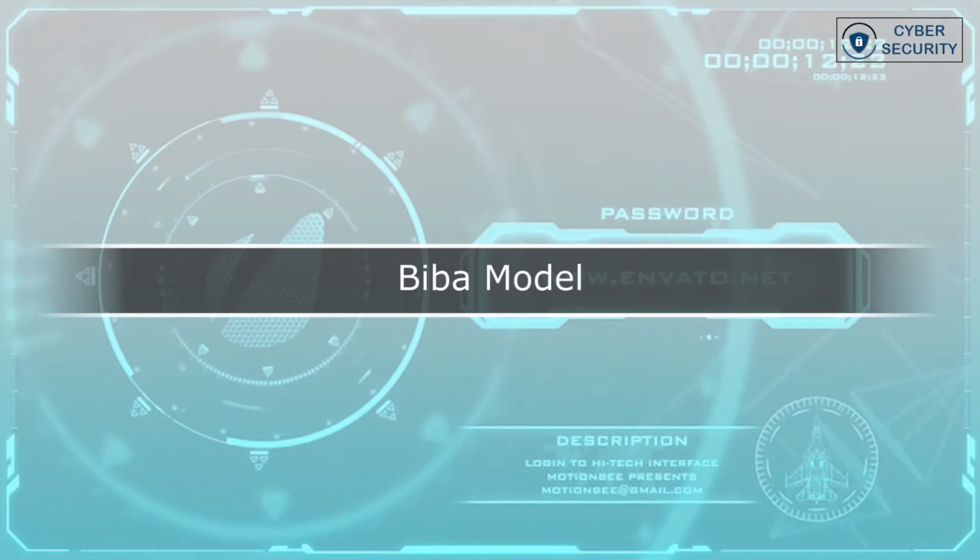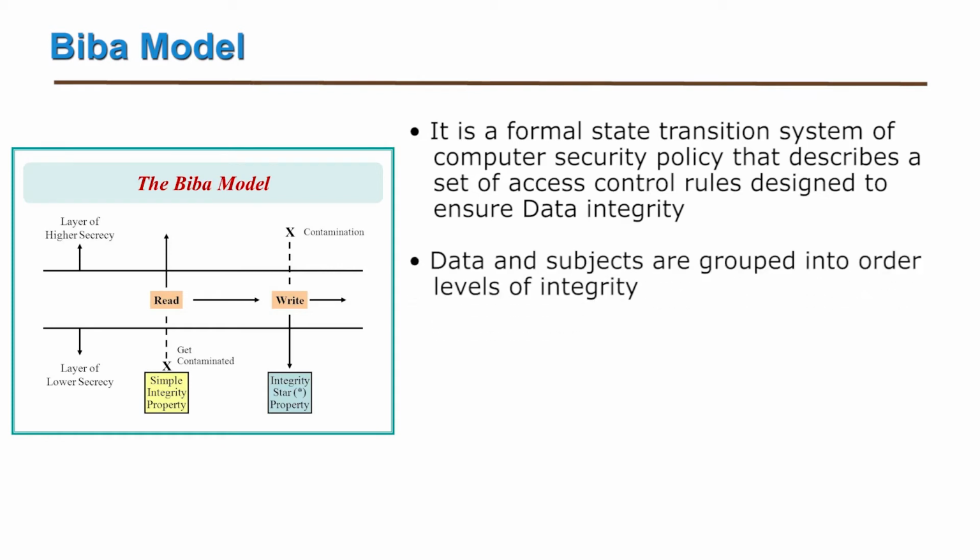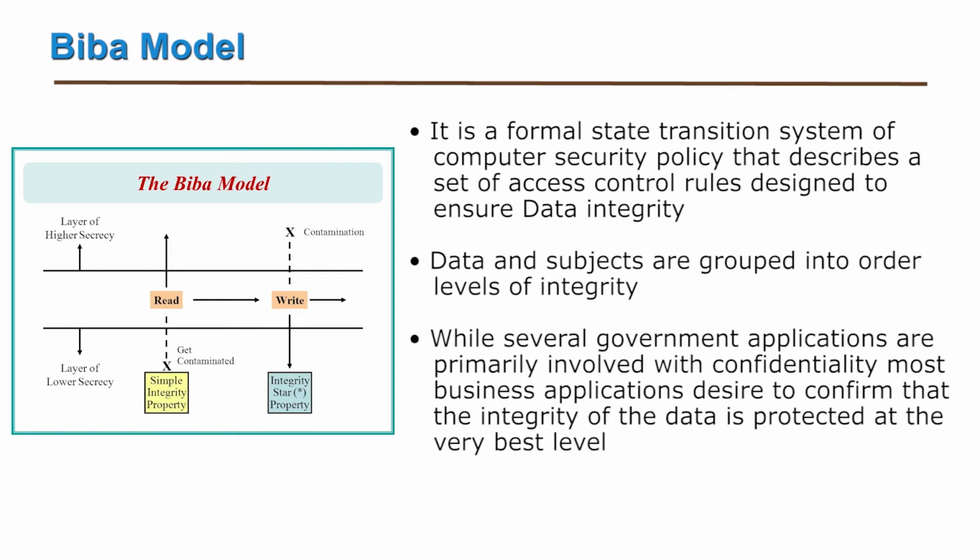The next one is Biba model. It is a formal state transition system of computer security policy that describes a set of access control rules designed to ensure data integrity. Data and subjects are grouped into ordered levels of integrity. While several government applications are primarily involved with confidentiality, most business applications desire to confirm that the integrity of the data is protected at the very best level.